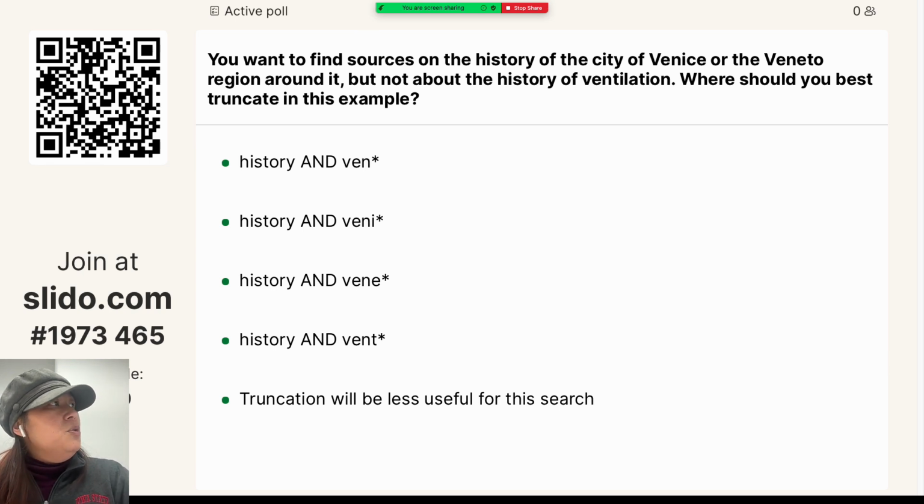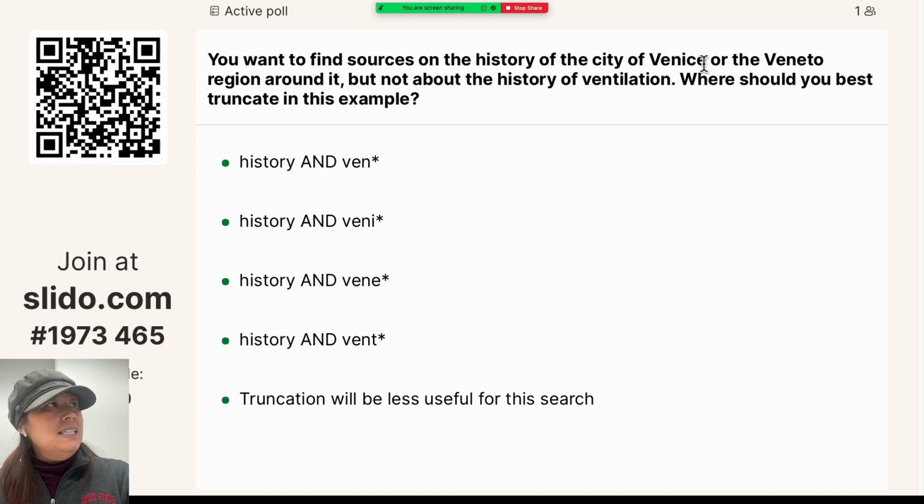You want to find sources on the history of Venice or Veneto region around it, but not on the history of ventilation. Where should you best truncate in this example? Notice VEN is the common trunk here.